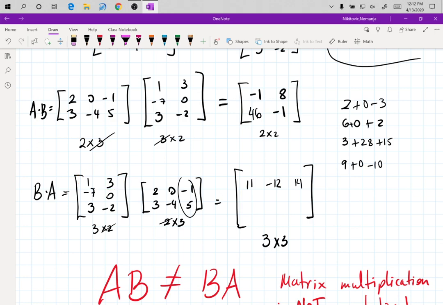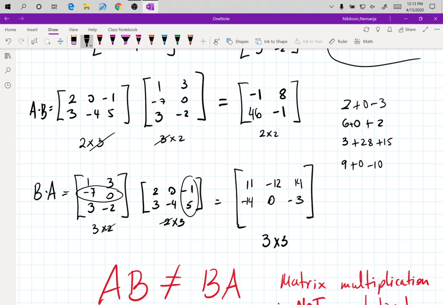Then we move to the next row. Reset the columns. So -14. The next one is 0, right? Because -7 times 0, and then 0 times -4. That's cool. And then the last one is 7 minus 10, negative 3.